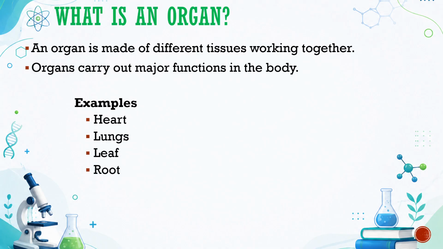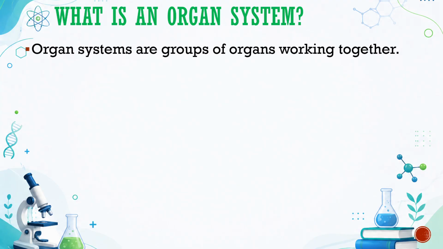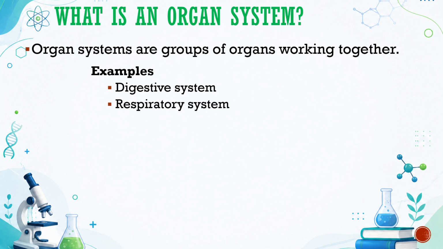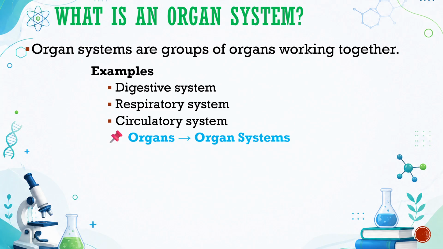Okay, now if we go for multiple organs, then multiple organs working together will form an organ system, right? Now organ systems are groups of organs working together. For example, let's say you have digestive system, or you have respiratory system, you have circulatory system. Now in the respiratory system, as we talked about heart earlier as an organ, let's talk about the respiratory system.